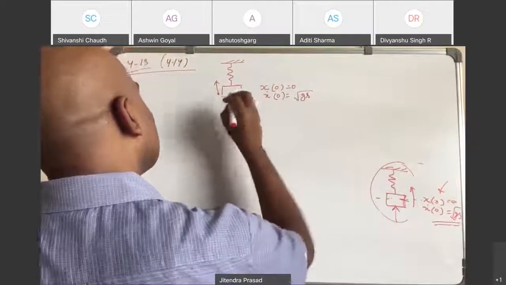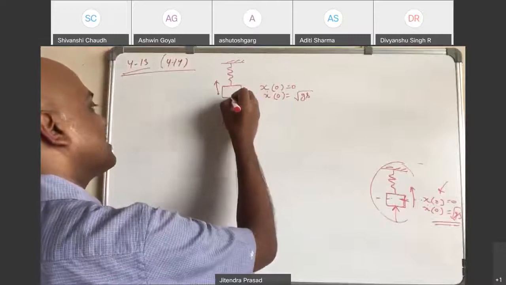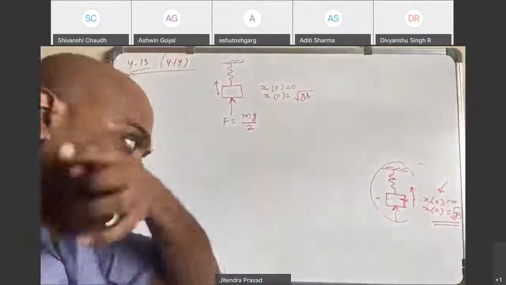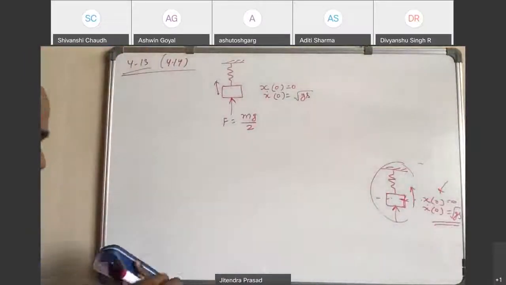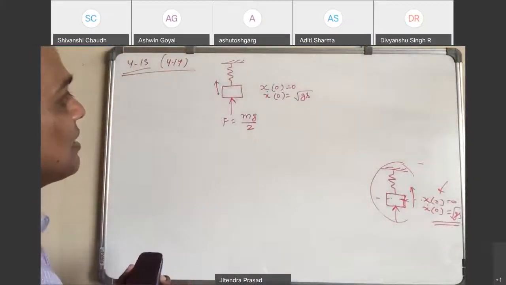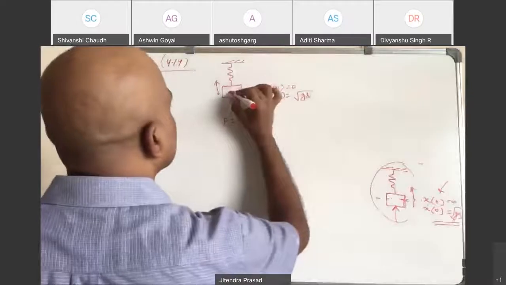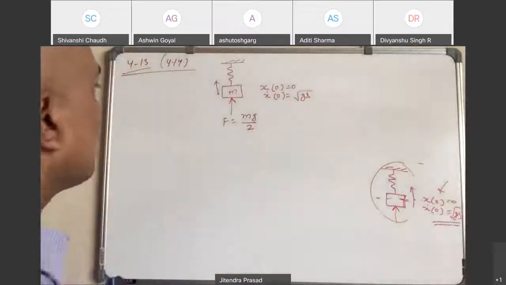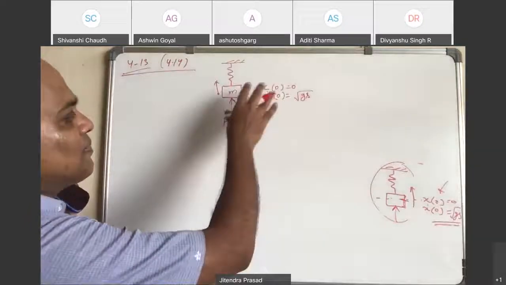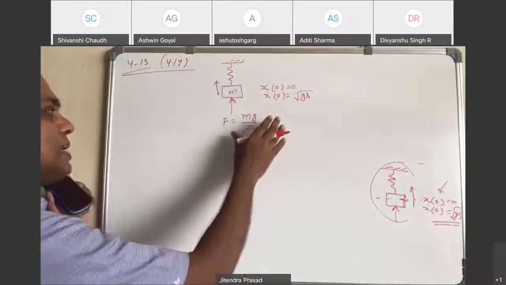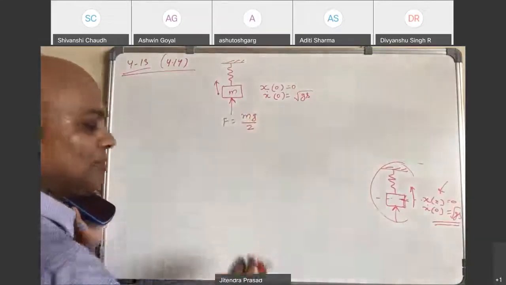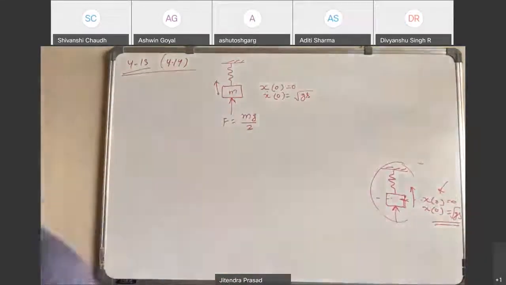So the force is applied like this one, and then we have to solve this one. Okay, now we have to find out that this is m here. Okay, now this problem is a little bit the same as the first problem we solved today.